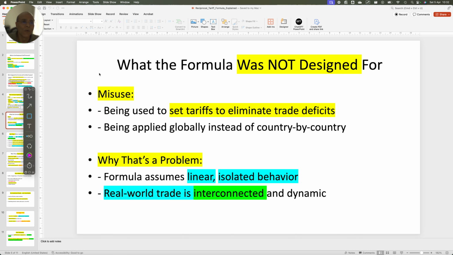Now, what is the formula not designed for? Misuse: being used to set tariffs to eliminate trade deficit, being applied globally instead of country by country.